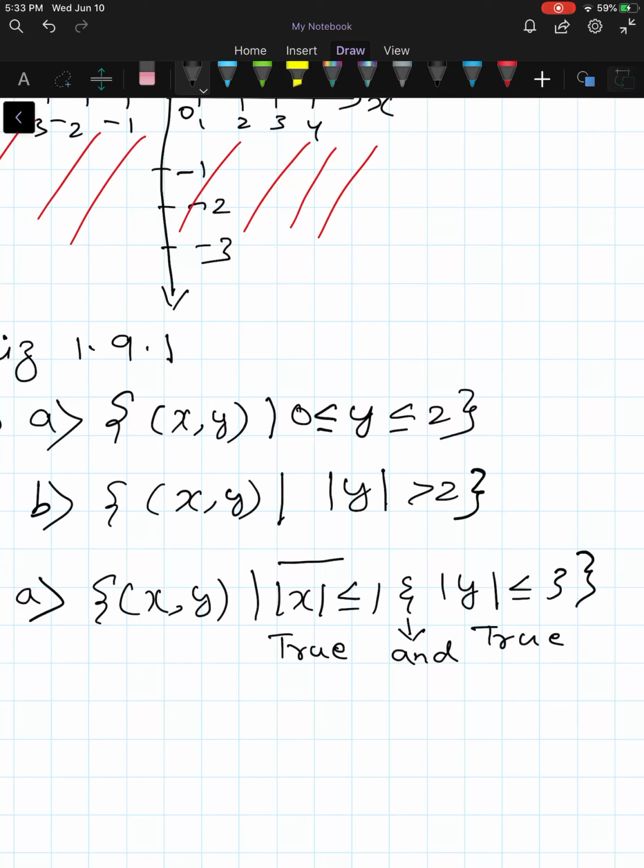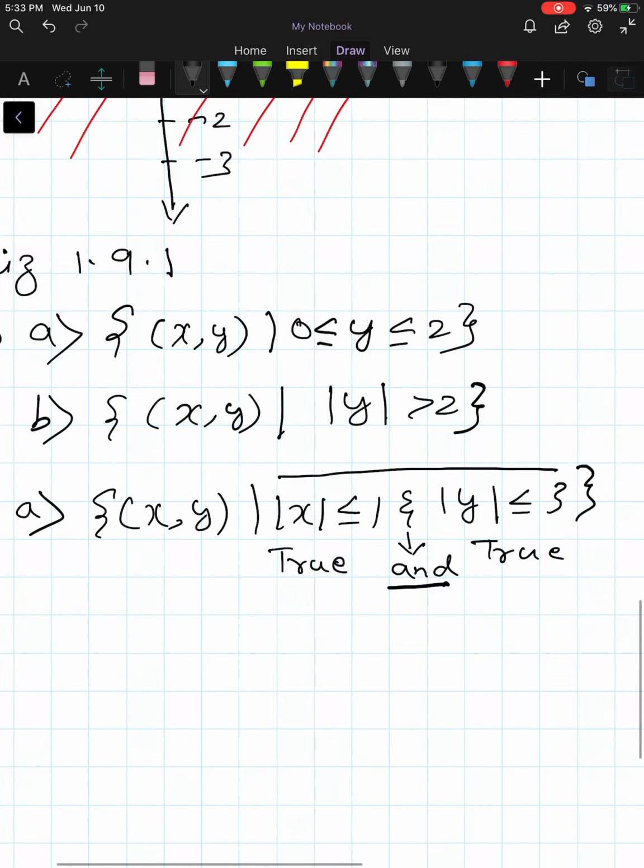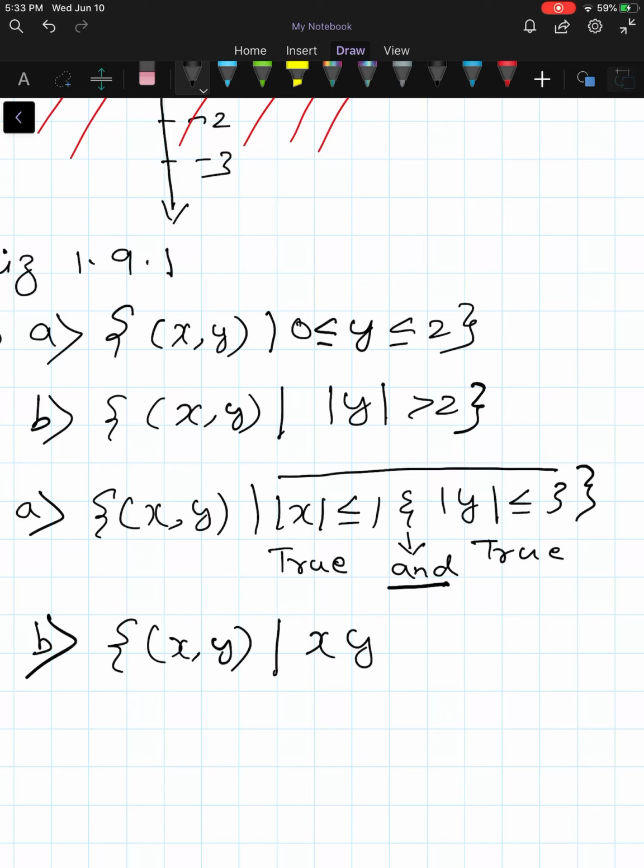Only then will the whole statement be true. It is not like 'or'. If there is 'or', either one of the statements can be true or both can be true. But if you have 'and' between two logical statements, it means that both have to be true. Okay. And B: x comma y such that xy is greater than 0.